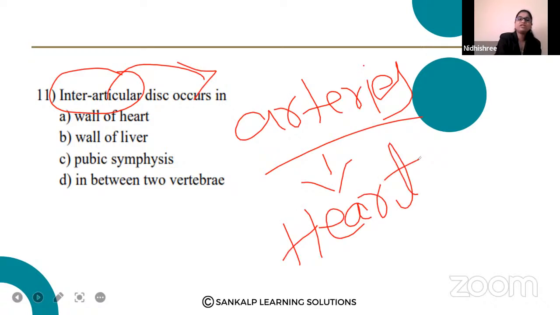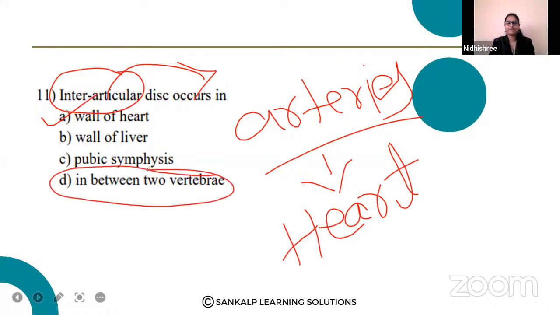So in the exam, most of them will probably vote for option A. But interarticular disc occurs in option D, that is in between two vertebrae. Only about 20 percent of them answered option D.